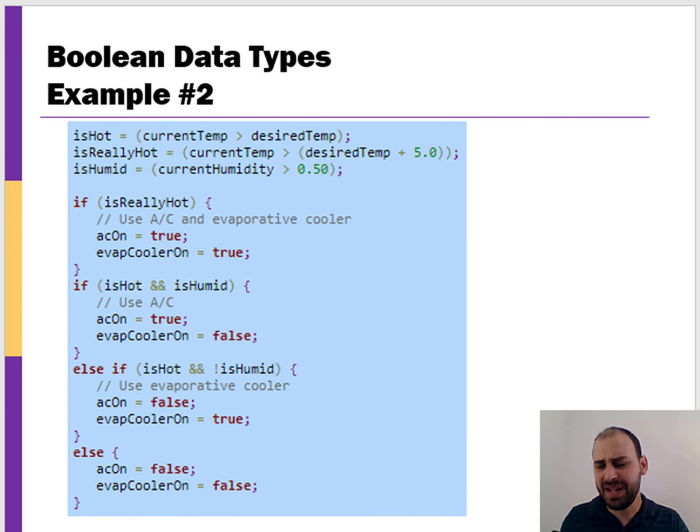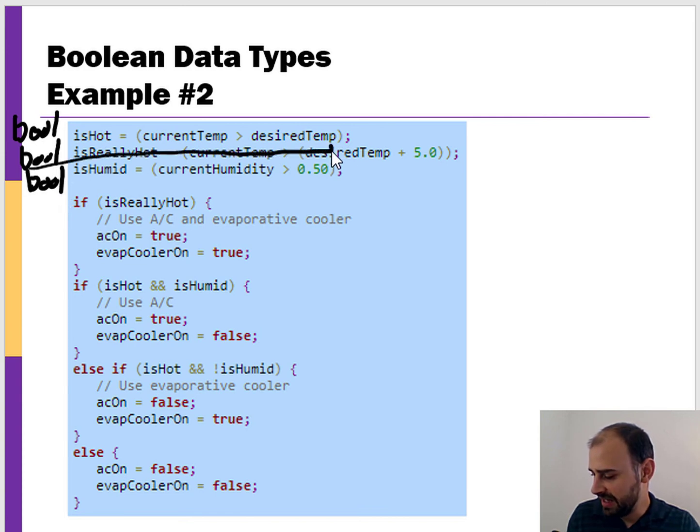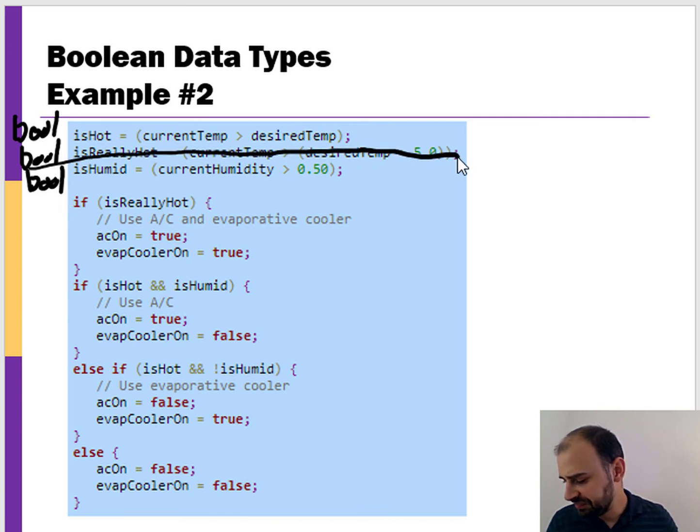I'm skipping a couple of things, but remember, these are Booleans here. This isn't showing the entire program, but it's hitting the main point related to Boolean logic.